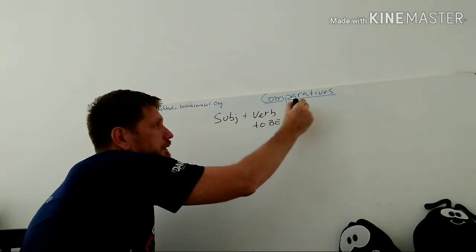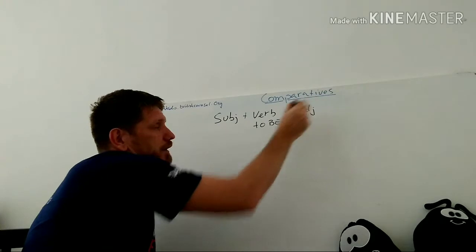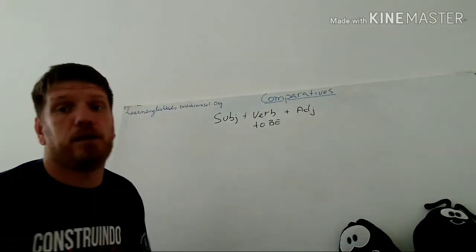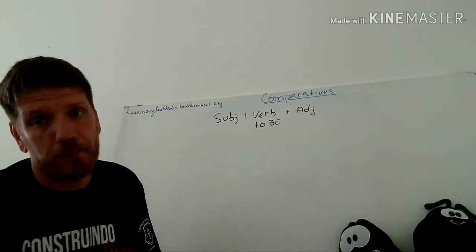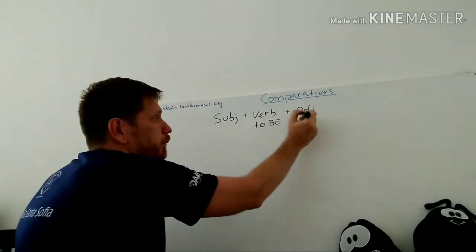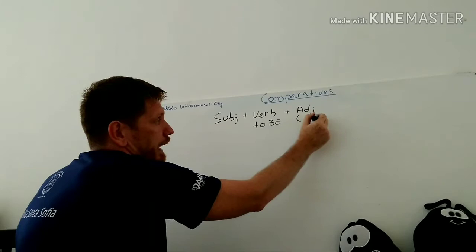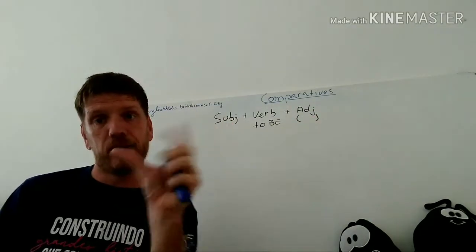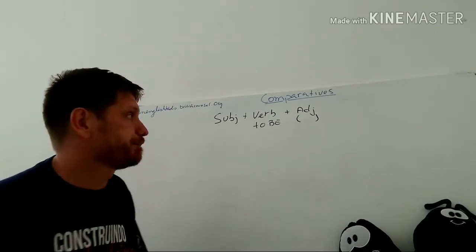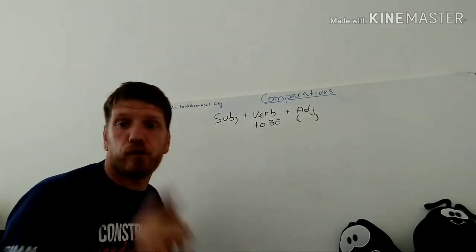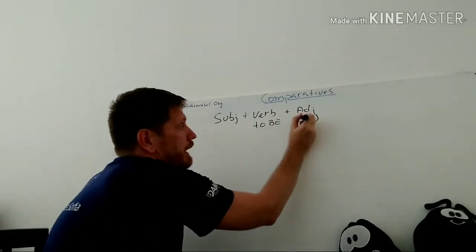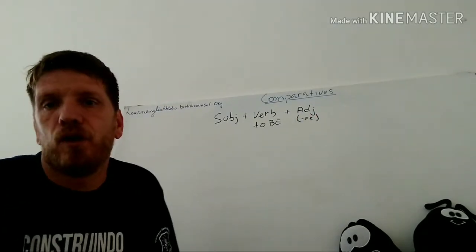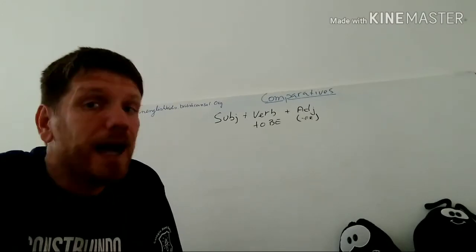Plus the adjective. Now, the adjective here is exactly where we are going to put the comparative. We have two kinds of adjectives: small adjectives and big adjectives. When we use small adjectives, we add ER at the end of the adjective.